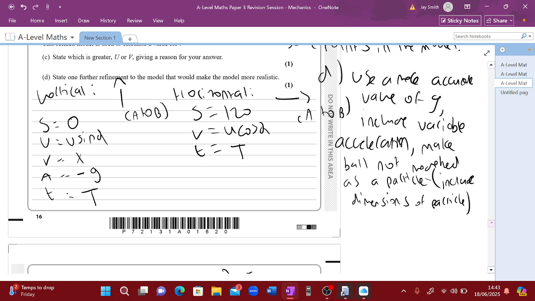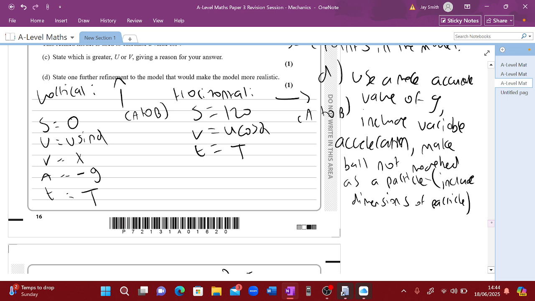It might not be completely spherical. Not a particle, variable resistance, acceleration, sorry. Surface area of the ball. Okay, so that might affect the air resistance, stuff like that. Humidity. Interesting. Someone please explain that one to me. Allow wind resistance and rotational wind resistance. That's the sort of wind they're looking for.